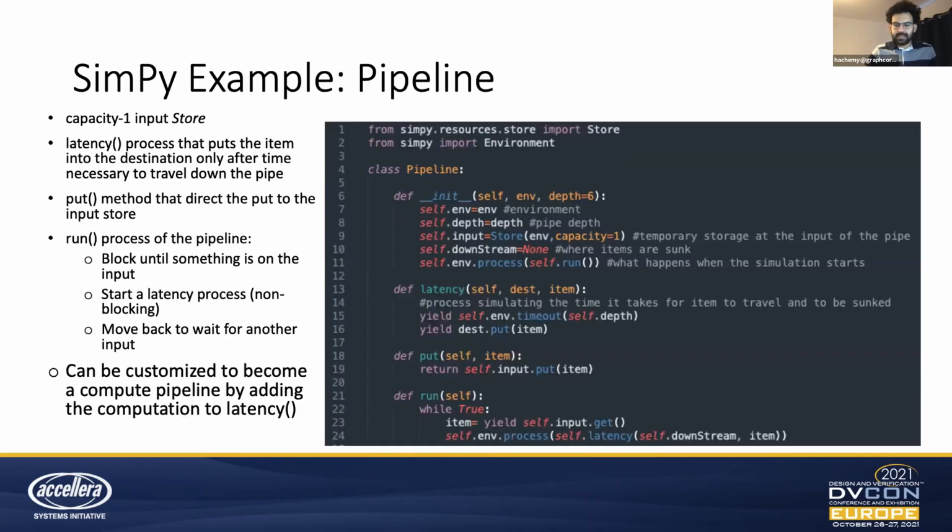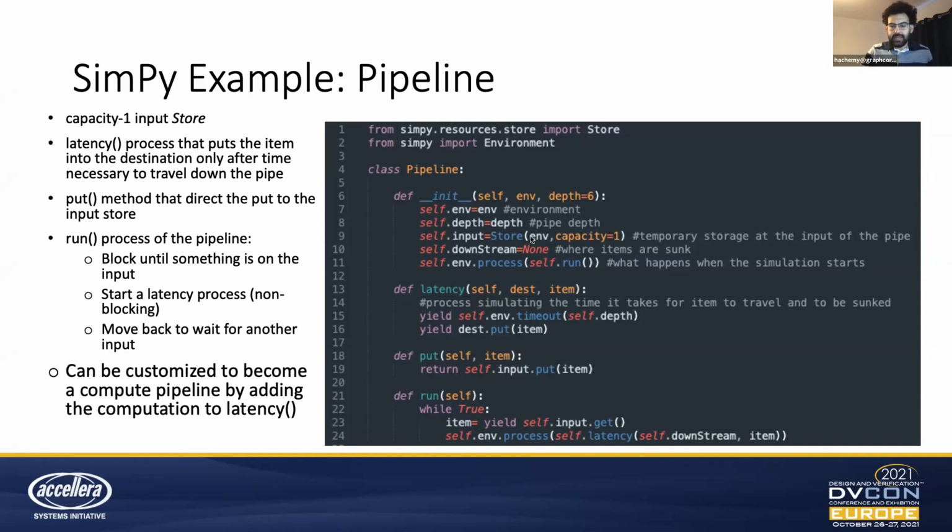To give you an example, here we have an example that shows how we can easily construct a pipeline object with its depth configurable. The input here is a capacity 1 SimPy store that holds whatever is sent down the pipeline.